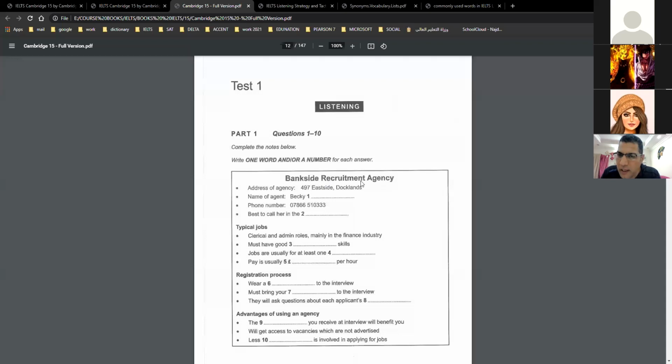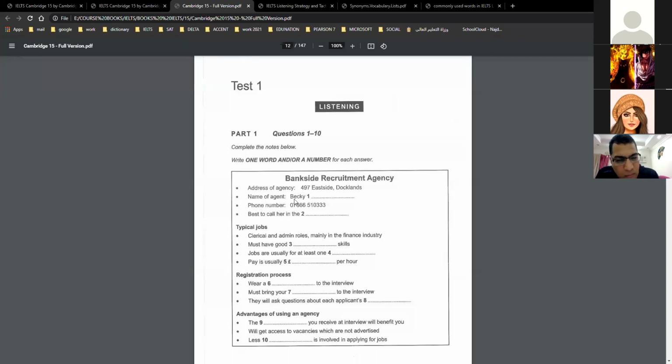Bankside Recruitment Agency. You should read that carefully. Then address of agency: 497 East Side Block Lands. Now I need you to use chat. Everyone, please use chat. Number one, name of agent: Becky. What should we expect to write here?